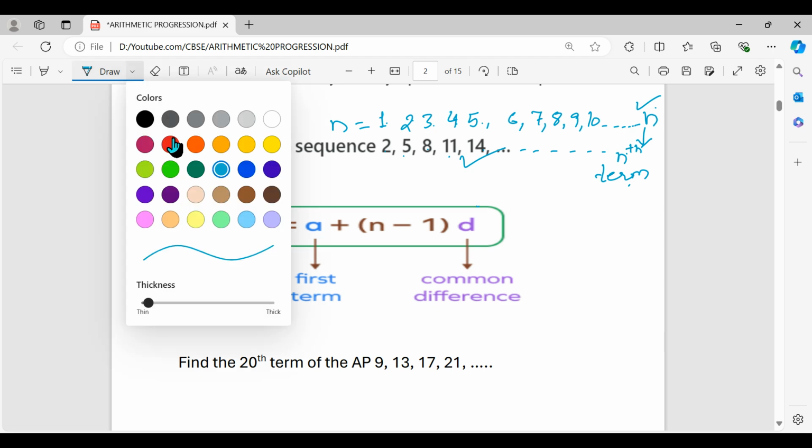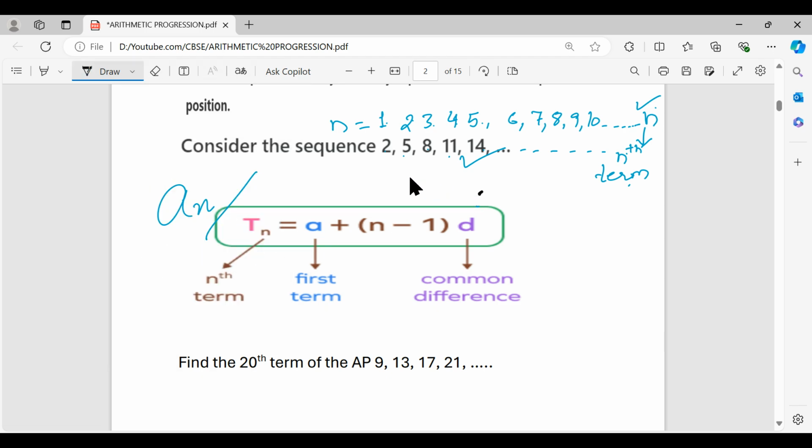So let's consider this sequence. In this sequence, a is 2. As I said, a is the first term. And then the next thing is n. As I said earlier, n is the position of the term.